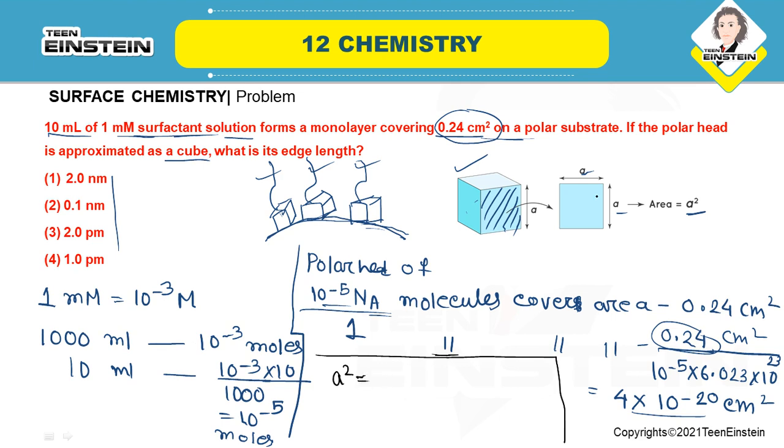So for one molecule, the area of one face will be 4 into 10 to the power minus 20. Now the calculation is very easy, it will be 2 into 10 to the power minus 10.